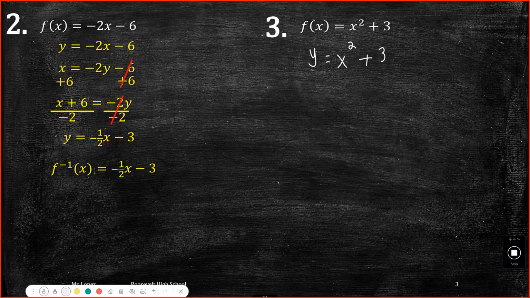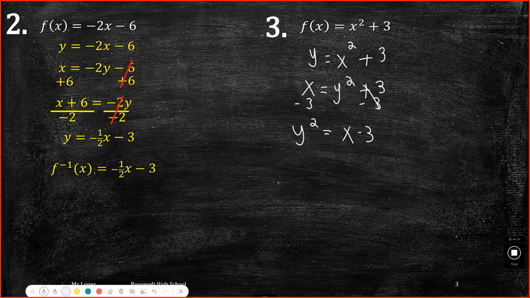Step 1 is to switch the x with the y and the y with the x. X is equal to y squared plus 3. Now we solve for y. What do I do to solve for y? Minus 3 from both sides. So we're going to get x minus 3 equals y squared.